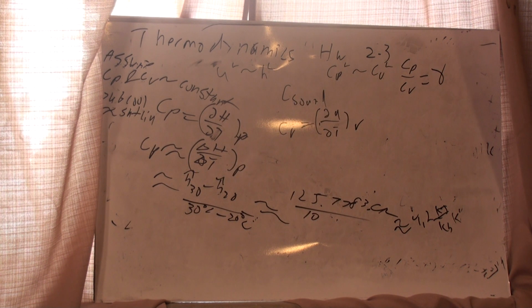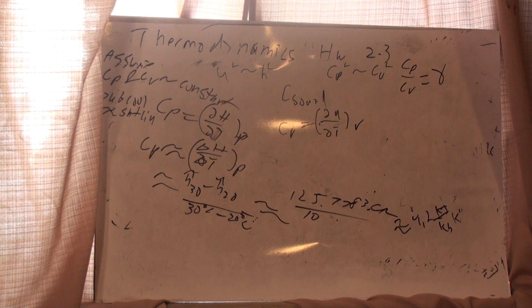Now, on the second part, do the same thing for saturated steam at the same temperature. So now we're looking at saturated steam. Now our assumptions get a little wonkier. The constant pressure is probably true, but the constant volume is a little trickier, because we have 32 versus 57. Those are not exactly the same.